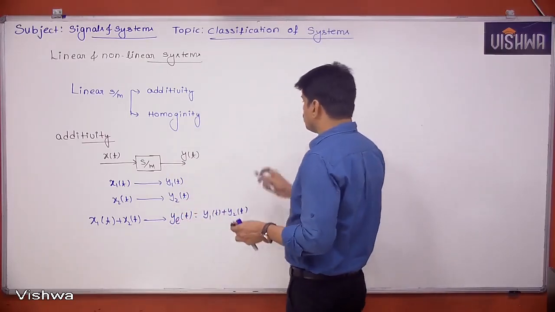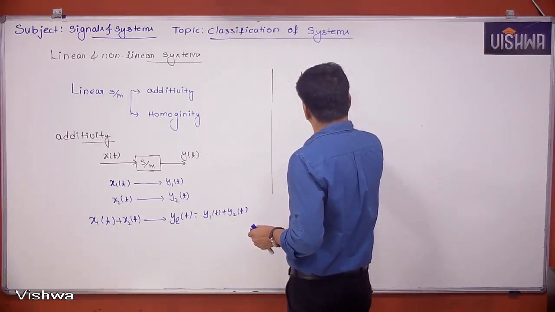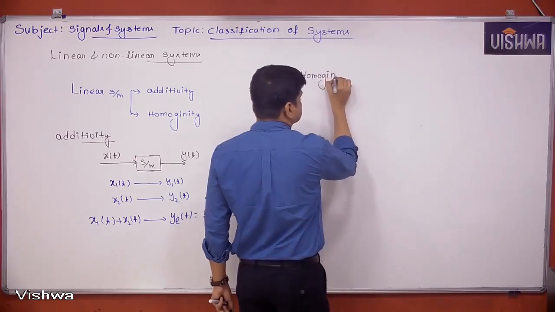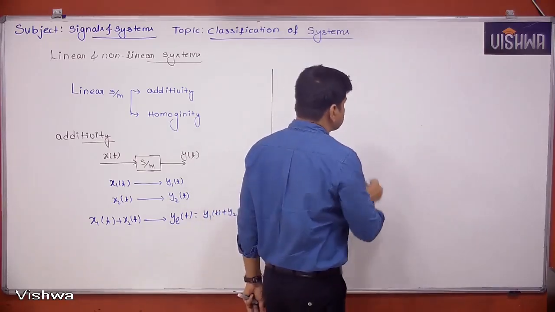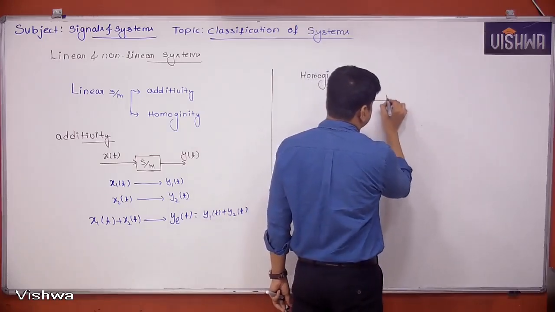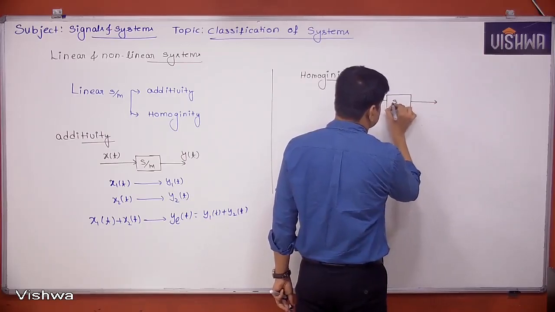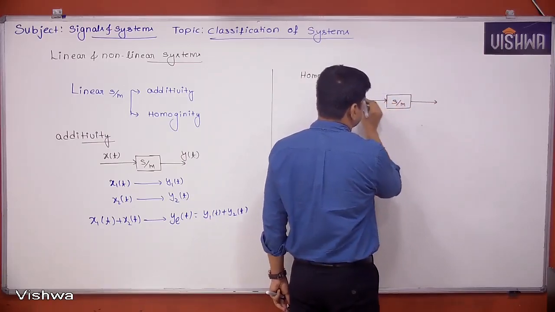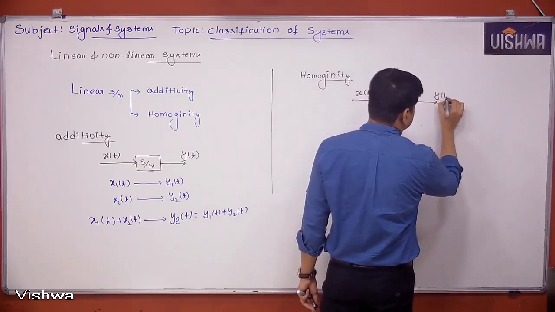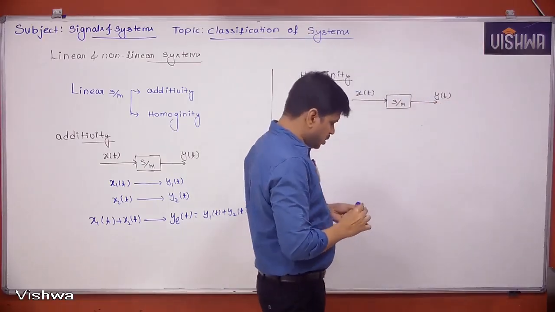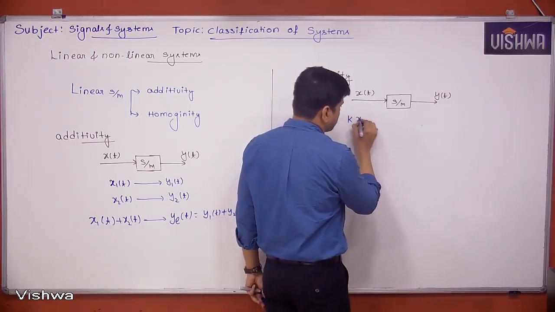Next, the homogeneity principle. How can we say homogeneity principle? Homogeneity means, suppose I take a system, if input is x of t, output is y of t. Now, what if I multiply the input with some constant k, that is k x of t?